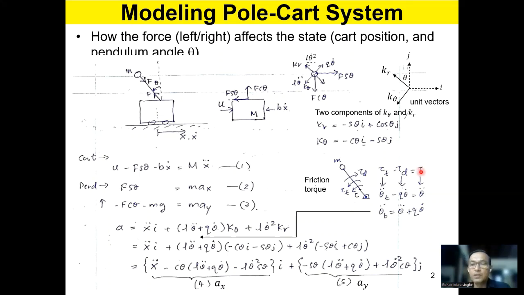Okay, so this tau produces theta double dot. Okay, and this tau d, the resistance torque, produces q theta dot. It's corresponding to this particular quantity, that is q theta dot. And therefore, the total torque over here, we can say it corresponds to some theta double dot t, which we don't see actually. That theta double dot t is not what you see.